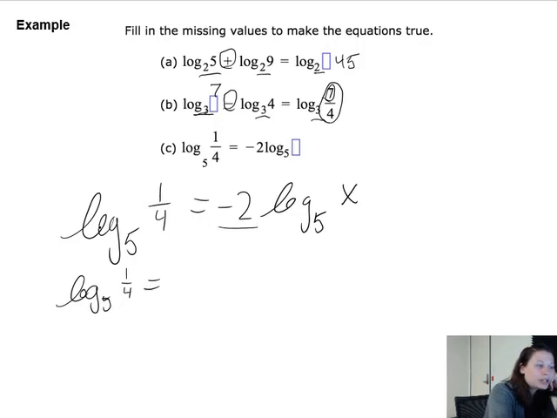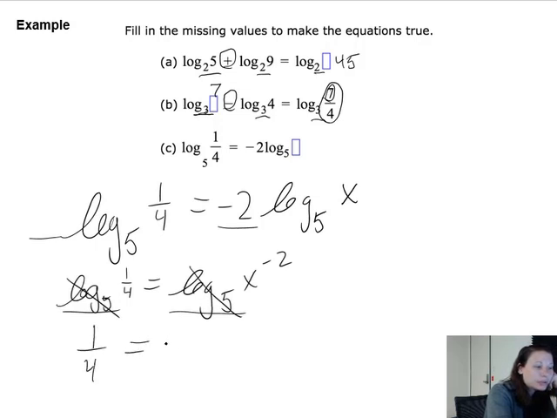This one has a coefficient, this one doesn't. Let's move it up. We have a rule for that, right? So this is now log base 5 of x to the negative 2. All right, so that means these log base 5s can cancel because they're the same thing on the outside. So that means 1/4 is equal to x to the negative 2.